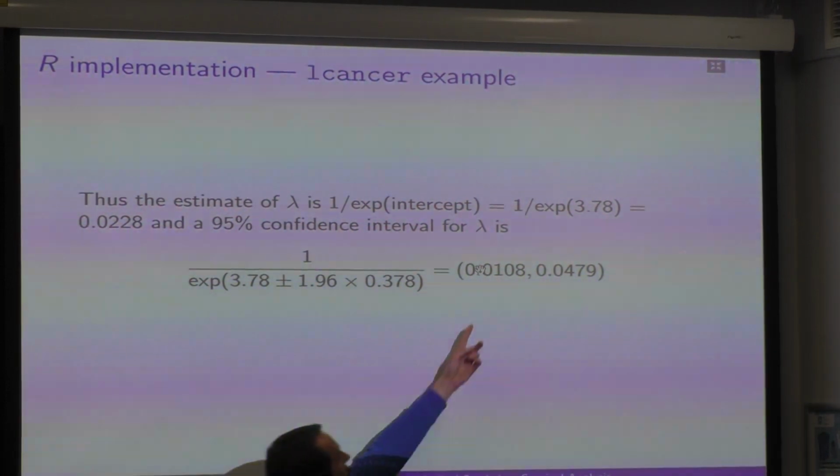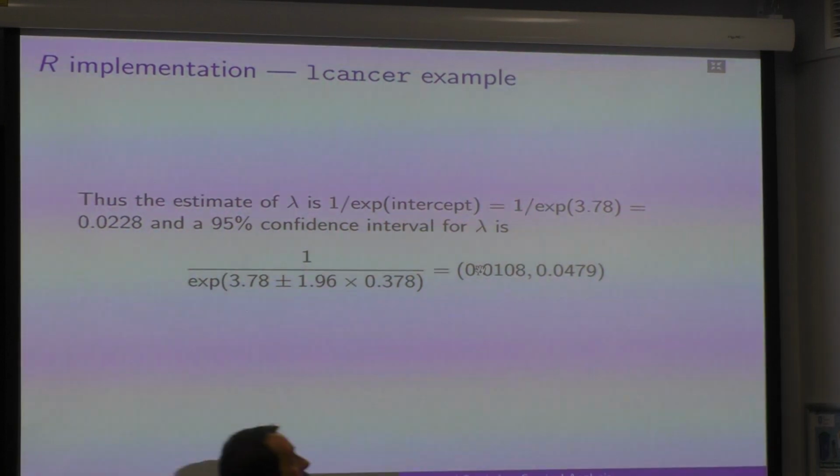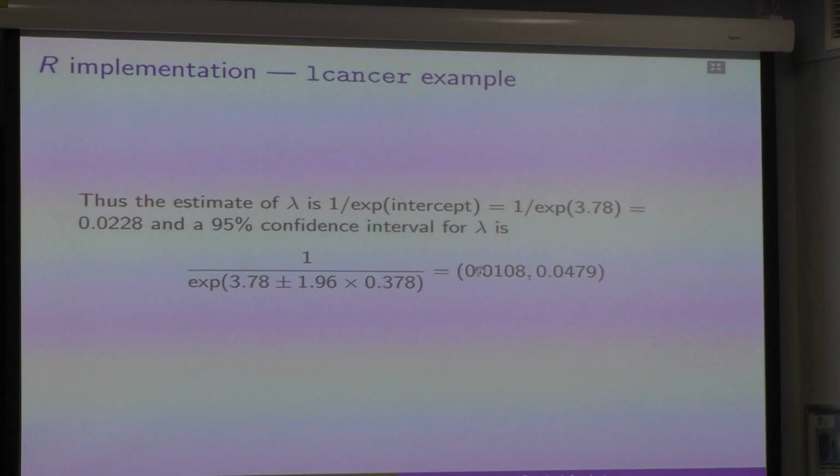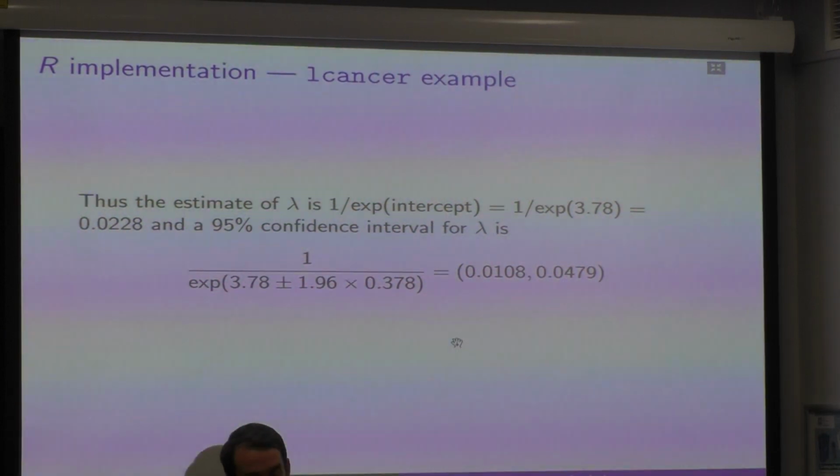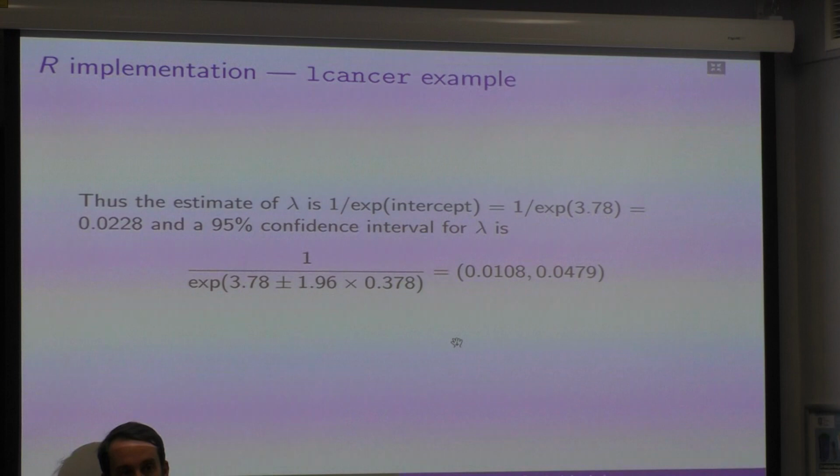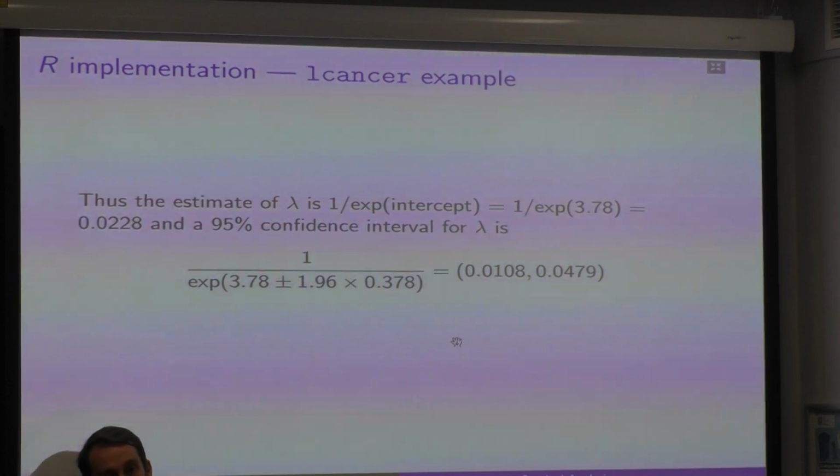In this case, we get an interval of 0.01 up to 0.05 for a potential confidence interval for lambda. It's a bit different from what we got when we worked it out by hand, but with such a small sample size, they're very rough approximations anyway, so they're not probably that useful when you've only got 8 patients.